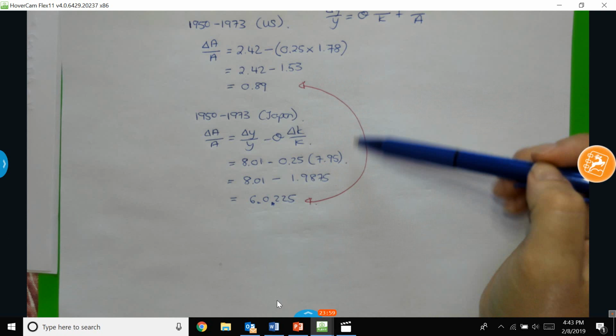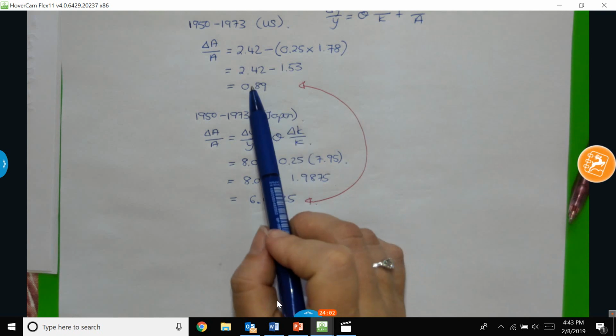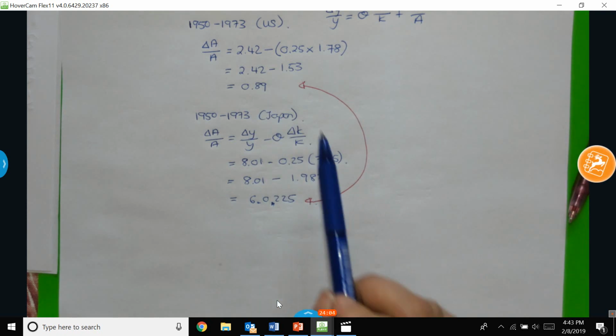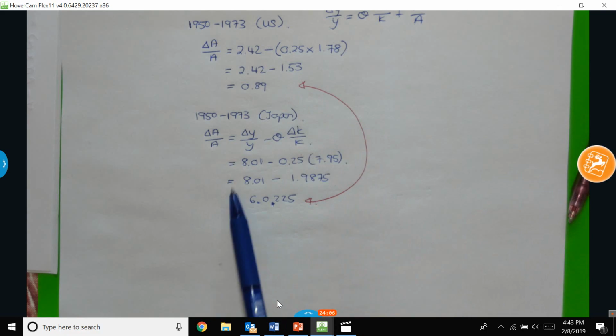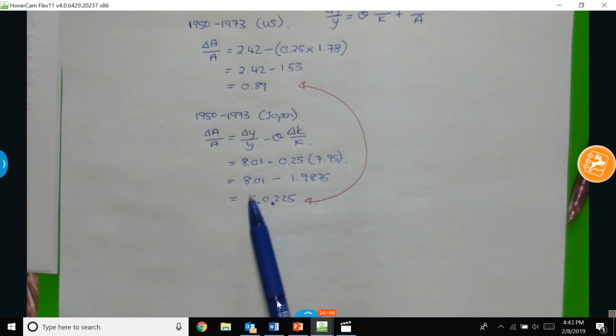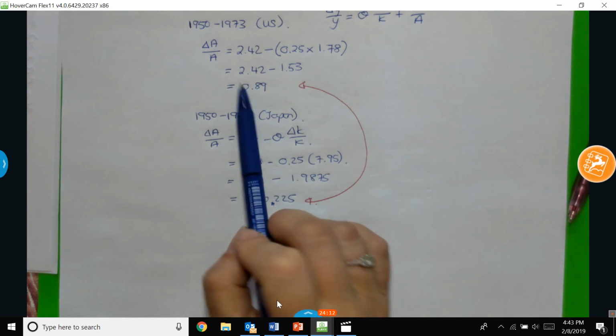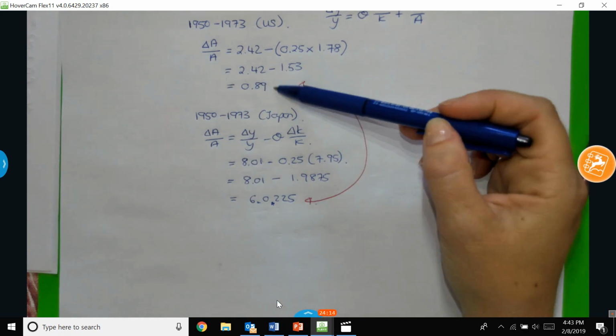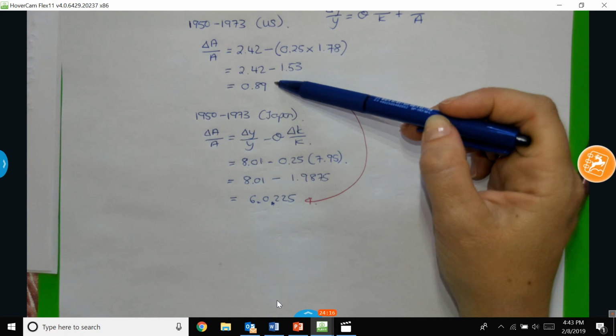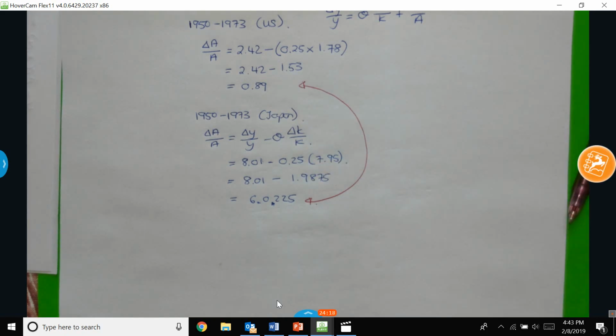But in addition to that, technological change accounted much more for the growth in output per person in Japan as compared to the US. So in the US, technological change was not as rapid as it was in Japan.